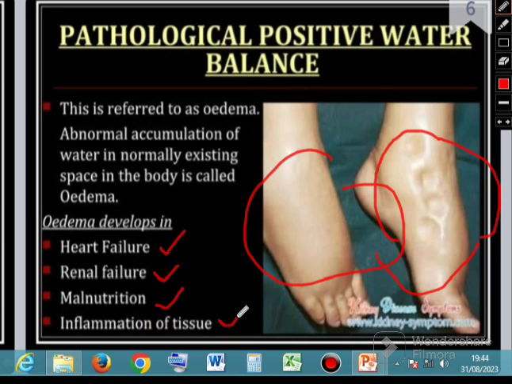If you notice you have an injury, a lot of reaction occurs in the body, trying to stop the bleeding, that is coagulation mechanisms. But then if you look critically around the area where that tissue has been injured, you see that there's accumulation of fluid. Okay, that is known as inflammation of tissue.